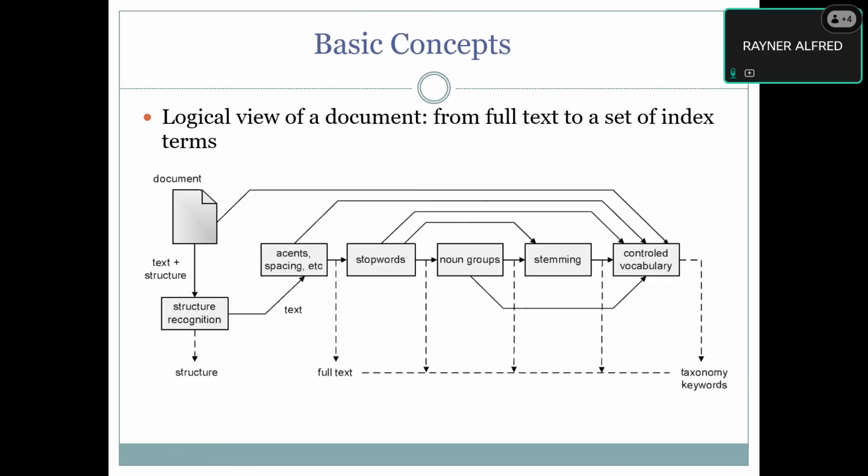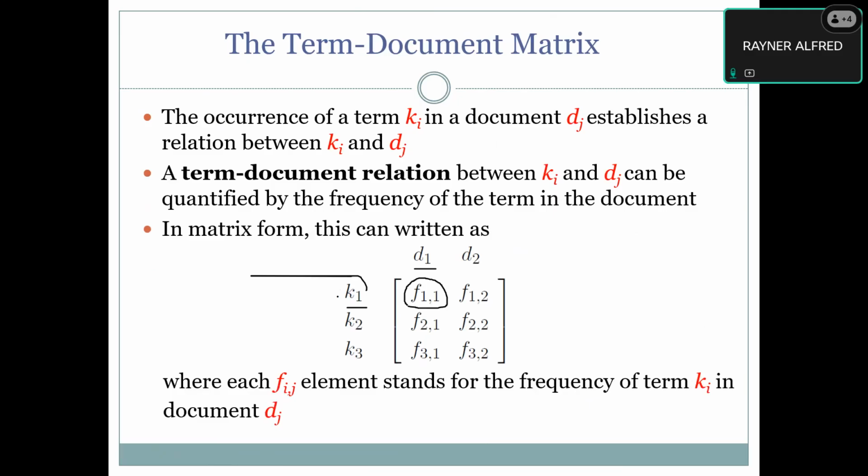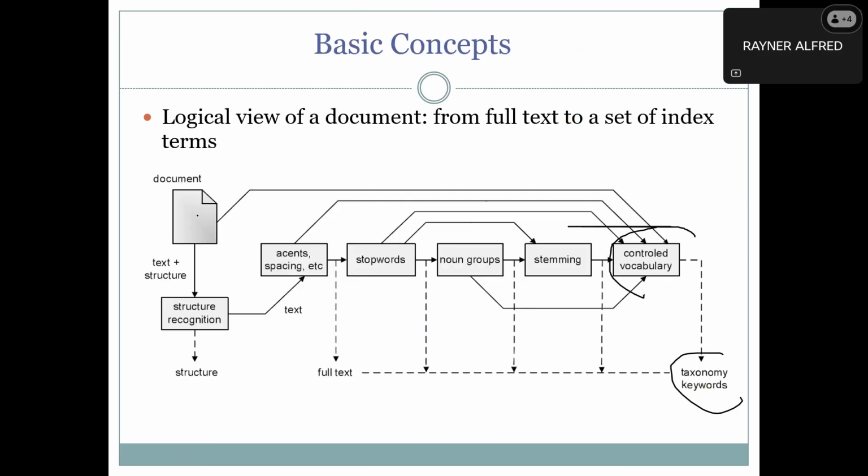So before we get to the taxonomy of keywords, we want to build this list. We have the document, and then we have to know the text structure, meaning what the title is, who the author is, what the introduction part is, and so on. Based on that, we can extract the content of the document and then perform some removal.